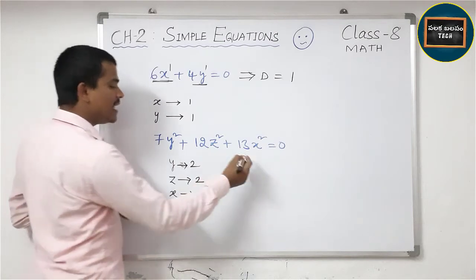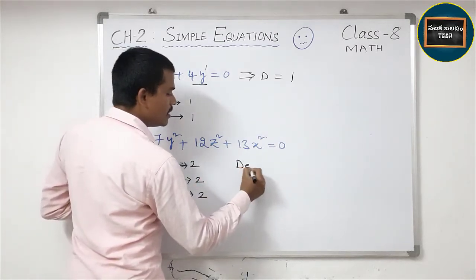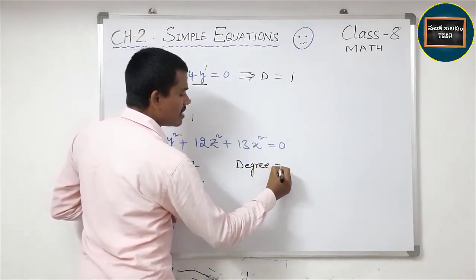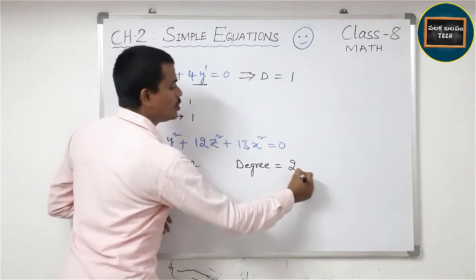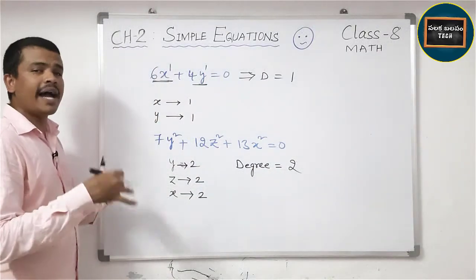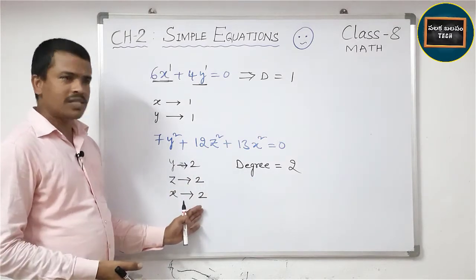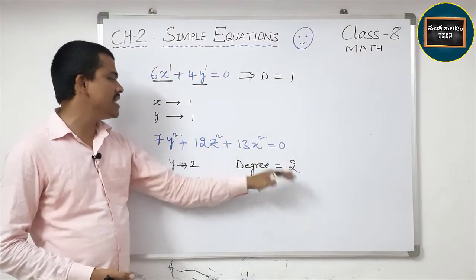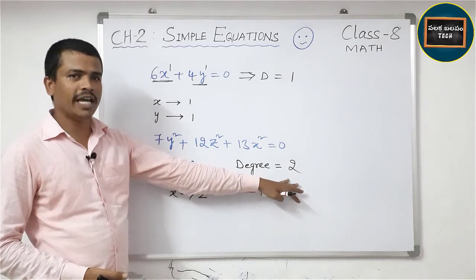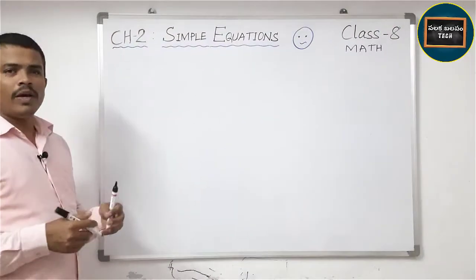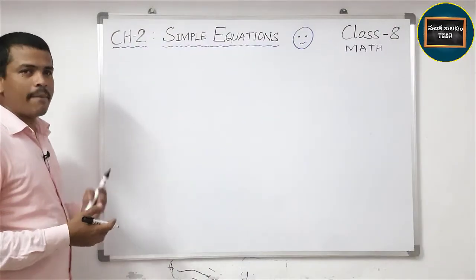So the degree of the equation becomes 2. The highest power is called the degree. So here the highest power is 2 only, so I am saying the degree of this equation is 2. Is it clear?